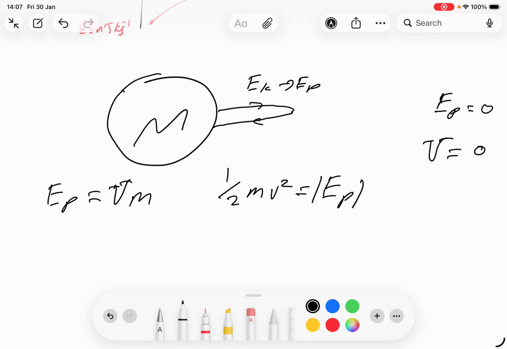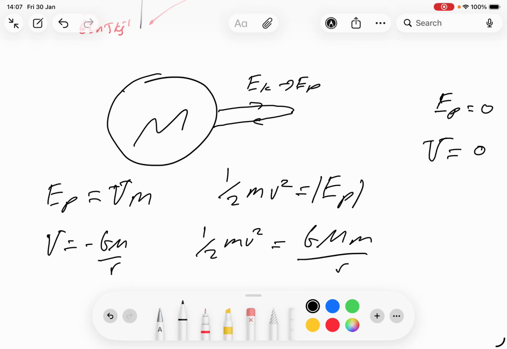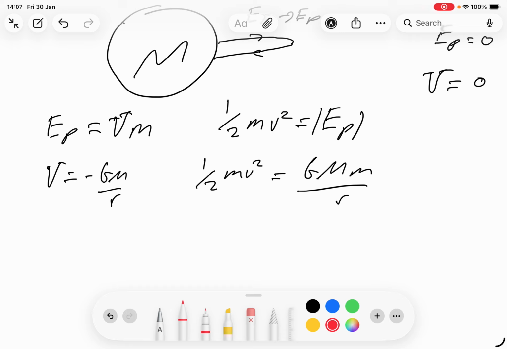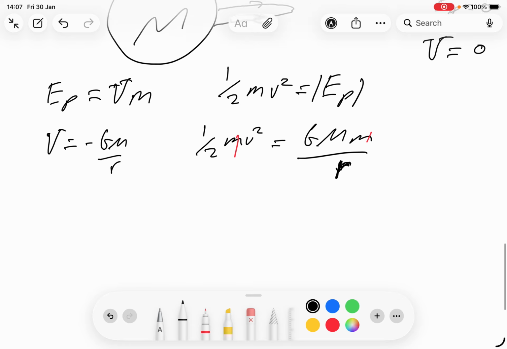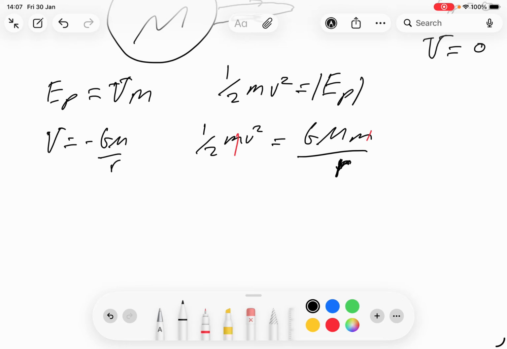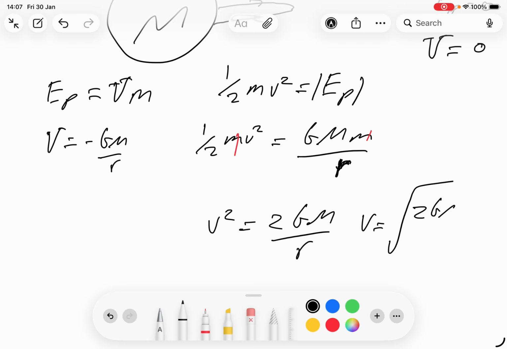And remembering V is minus GM over r, so we've got a half mv squared equal in magnitude to GMm over r. Looks like our little m's are going to cancel, and that's because the escape velocity is the same for objects of any mass. And so we get v squared equals 2GM over r, or v equals the square root of 2GM over r.